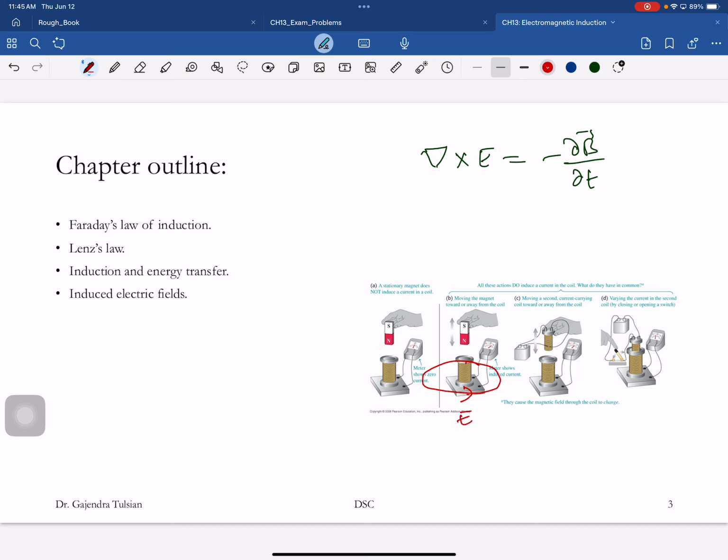If you're moving the magnet like that, it'll induce an electric field everywhere. And the further out you are, the weaker the field is. That's the configuration of the field.